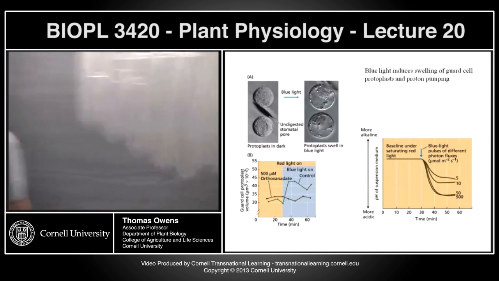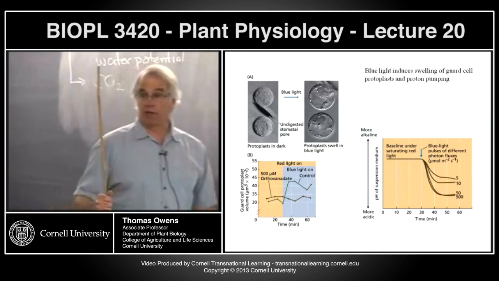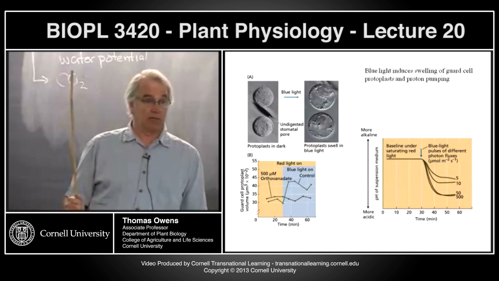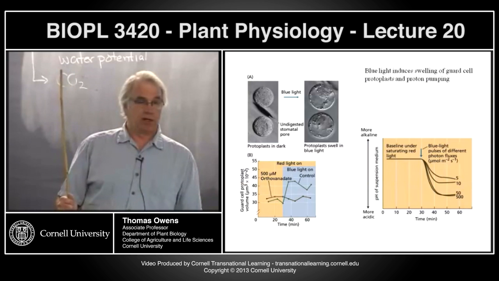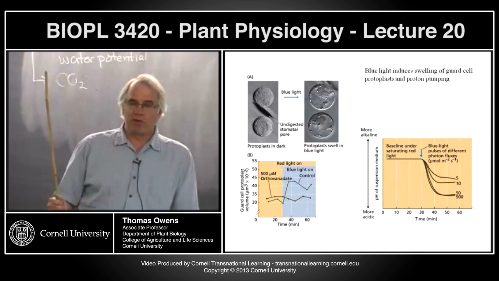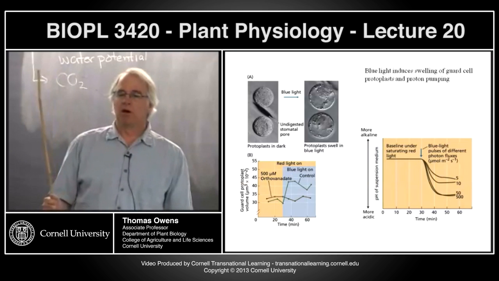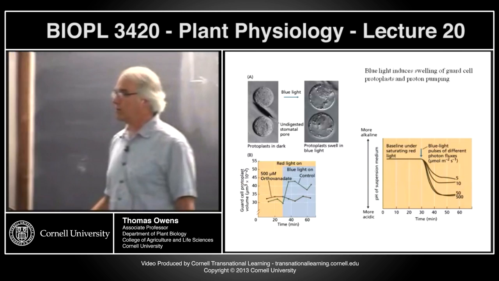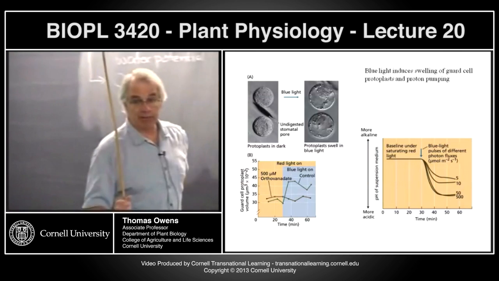And so when you add vanadate to the guard cell protoplasts, the swelling of the guard cells is inhibited. So right away, that is an important piece of information. It's telling us that the activity of the proton pump is important in guard cell swelling. No big surprise there. I mean, the proton pump is what powers all the ion transport across the membrane. So if we inhibit the proton pump, presumably whatever is contributing to the swelling can't happen.